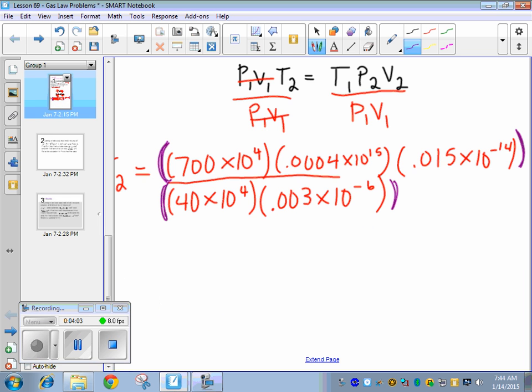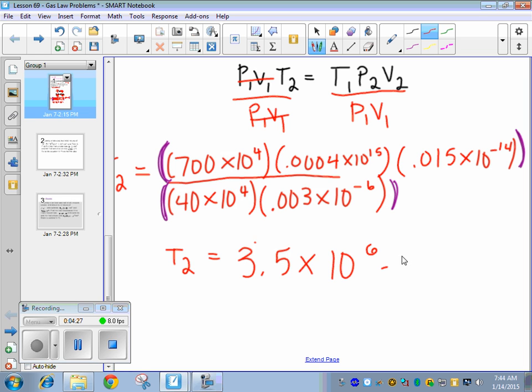All right, so we're going to put our answer in scientific notation. If we put our answer in scientific notation, what did you get? Okay, so 3.5 times 10 to the 6th.